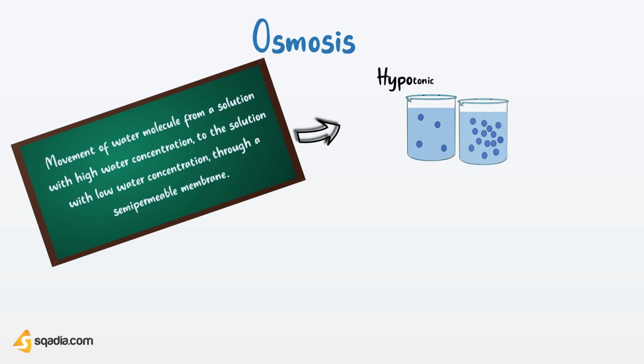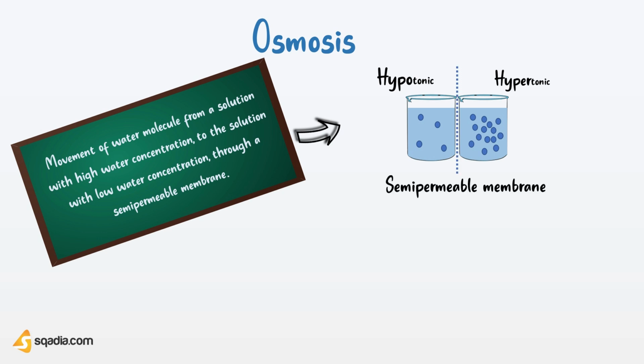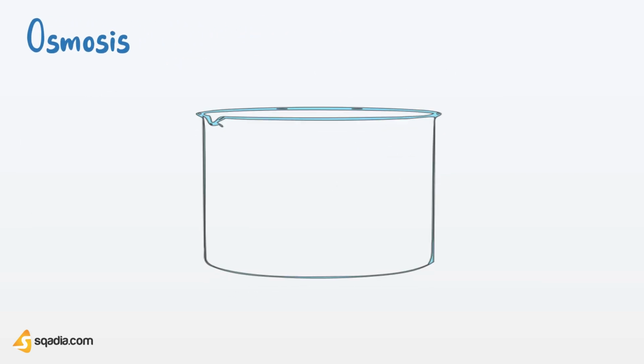That is the hypotonic one. A solution with low water concentration. That is the hypertonic one. And both must be separated by a semipermeable membrane. And water should move from a hypotonic one to a hypertonic one. Let me explain it here in depth.